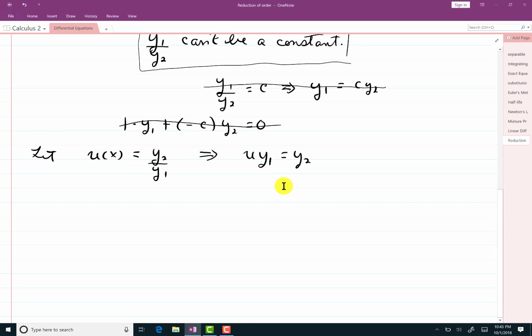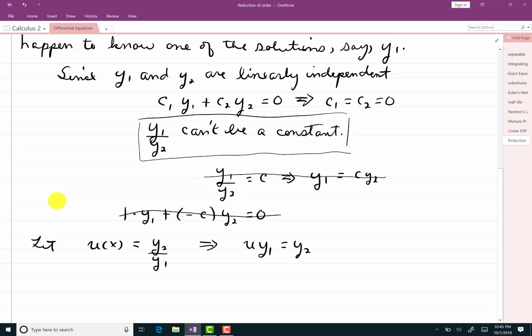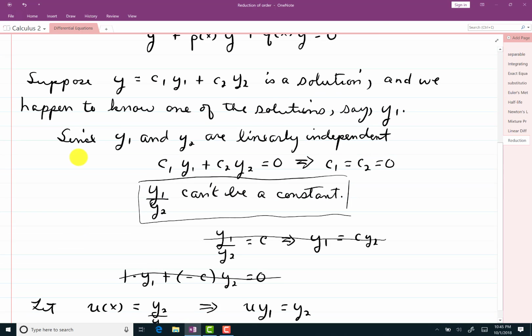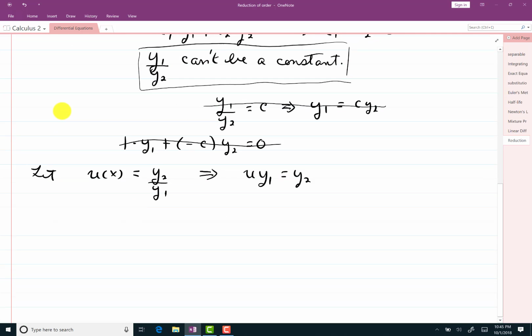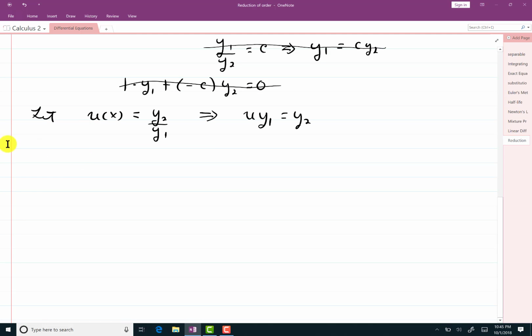Watch what happens here when we do that. I'm going to take this, plug it back into our differential equation, and show you how it works. And then we'll do a few examples to illustrate that. So y2 will equal all that stuff.